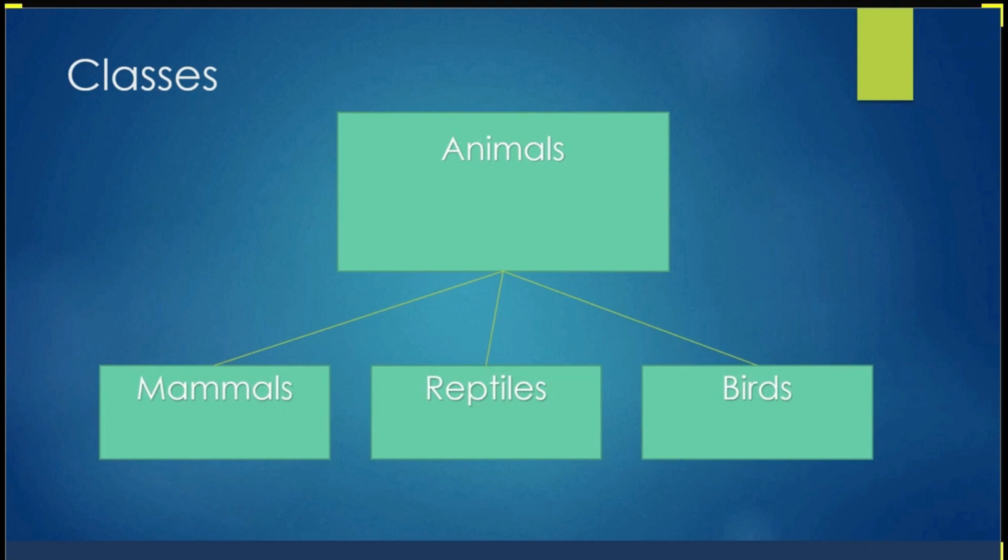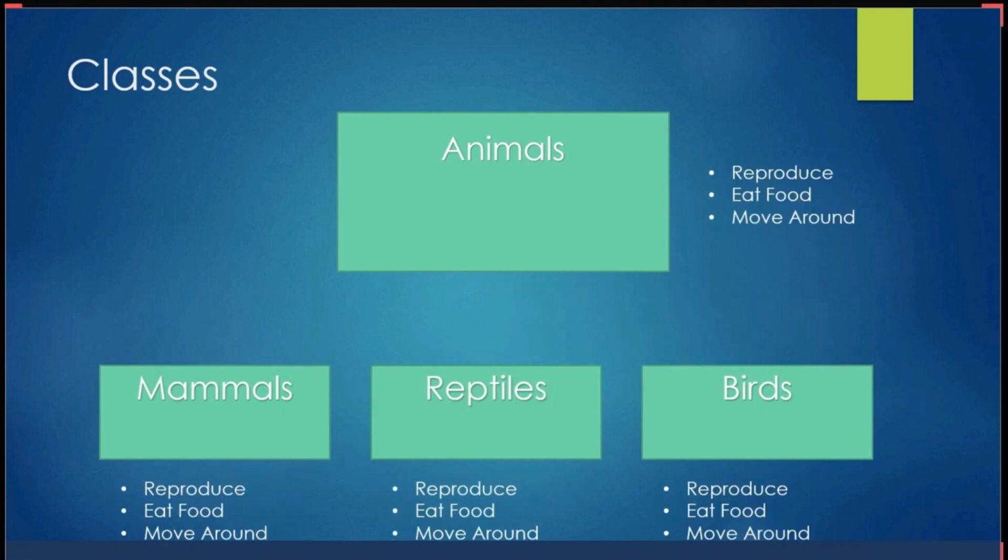We can think of the animal category or animal class to be sort of like the parent class, and mammals would be a particular type of child class of the animal. So, because all animals can reproduce, eat food, and move around, anything that inherits from the animal class, such as mammals, reptiles, and birds, automatically inherits those characteristics.